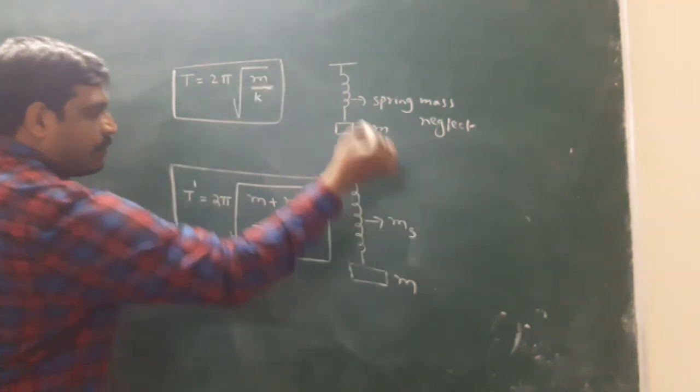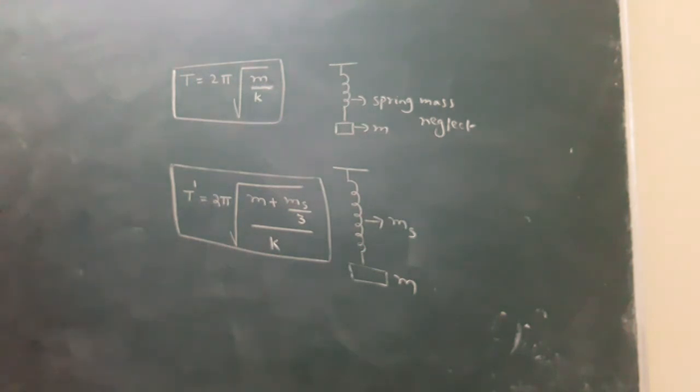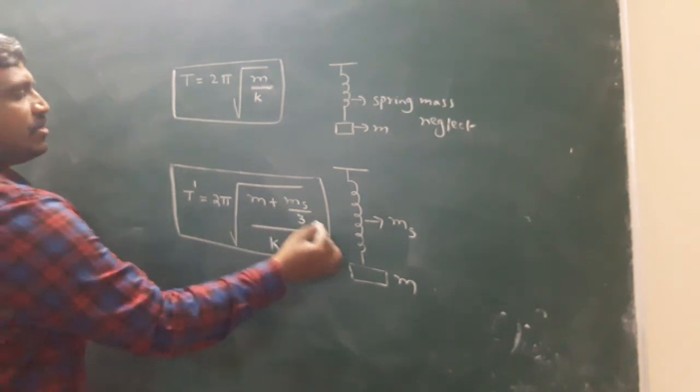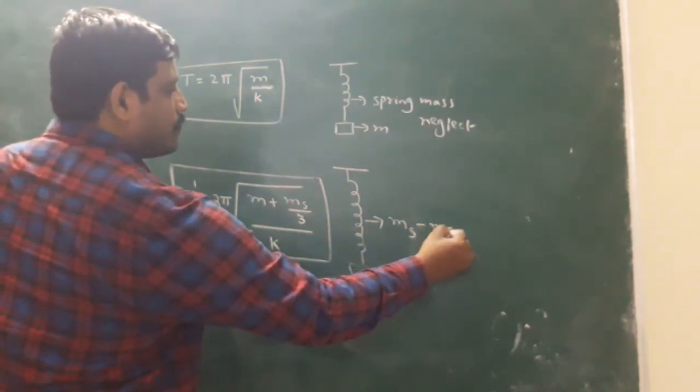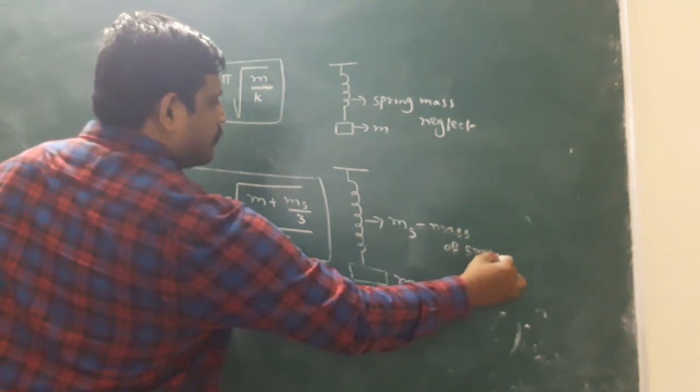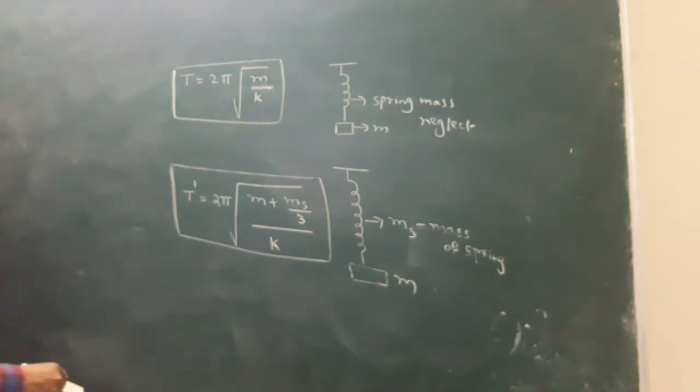When spring mass is considered, the new time period formula is 2 pi under root (m plus ms by 3) whole by k. K is the spring constant. Ms is the mass of the spring.